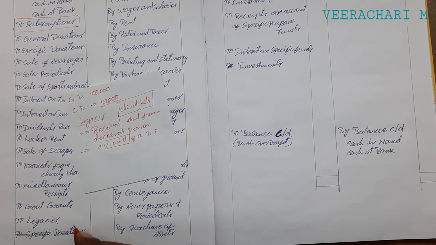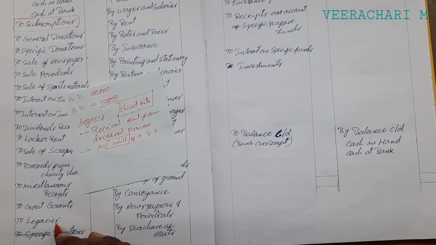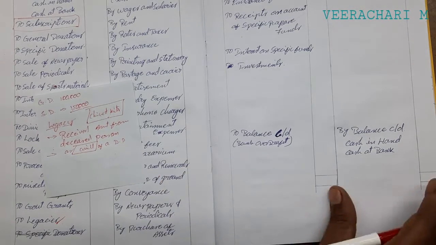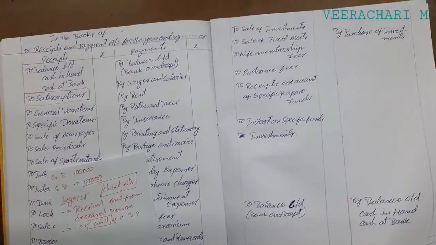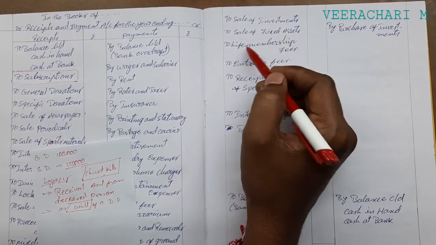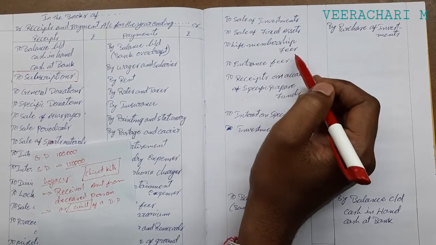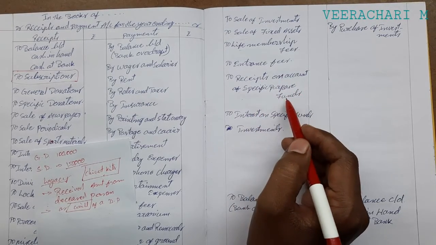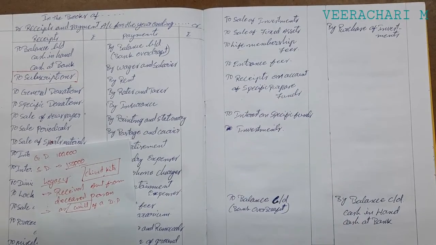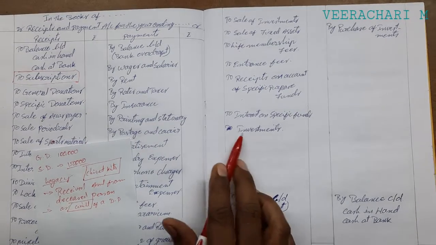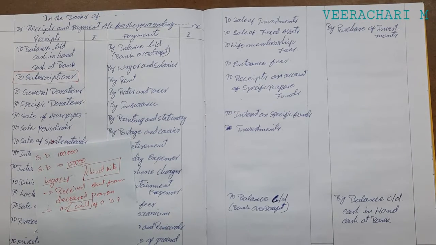Legacies are a receipt to the organization, so they should be debited to the receipts and payment account. Next, sale of investments, sale of fixed assets, life membership fees, entrance fees, receipts on account of specific purpose funds, which are also capital in nature, and interest on specific funds investments.